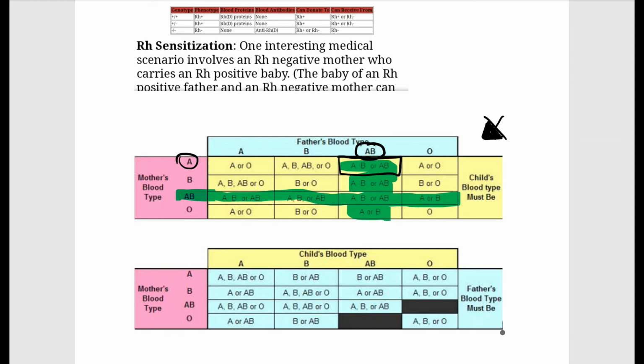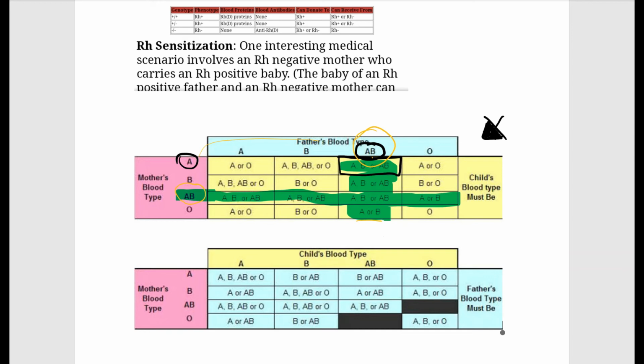That's because whenever you have an AB with an A, you can see an AB with an A gives you A or AB. There's no O. An AB with a B, there's no O. AB with an AB, there's no O. AB with an O, even an O itself, you still do not produce an O. That's just the first rule. So an AB will never ever produce an O. That's what you can notice.